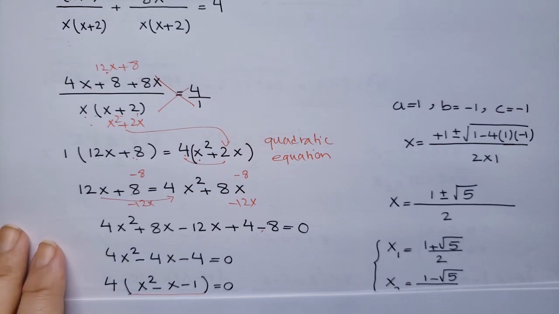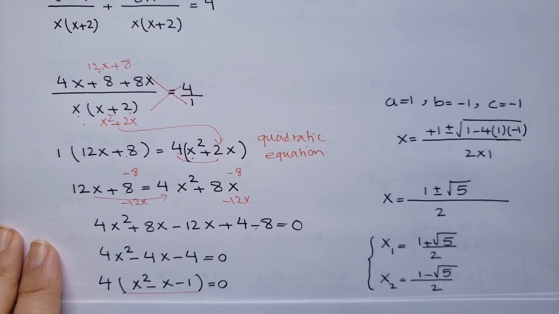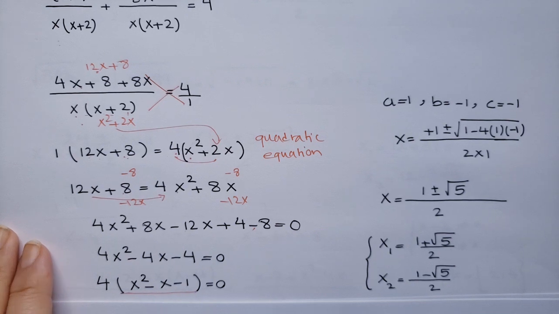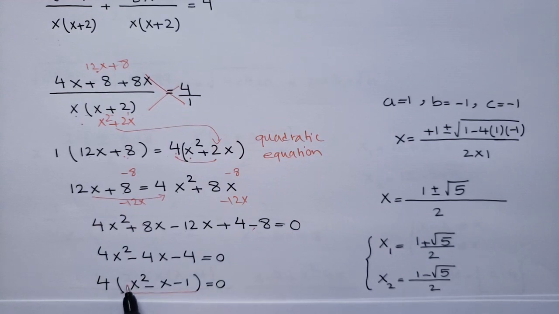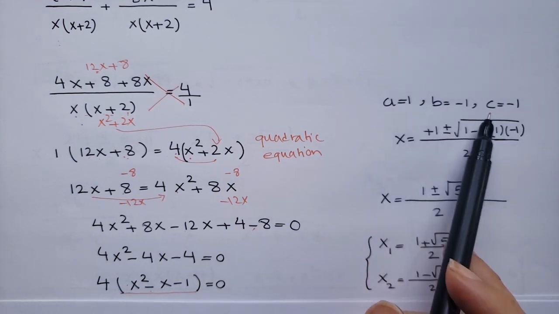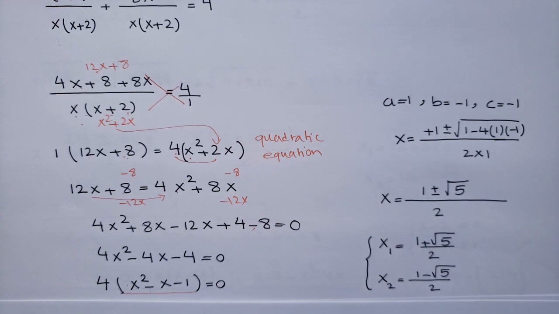Other than that, the formula is the easiest, and it never disappoints you, it always gives you the answer. So before using the formula, you have to identify A, B, C. A being the coefficient of x squared, B the coefficient of x, and C is the constant. So here A is 1, B is negative 1, C is negative 1. Now substitute it in the formula.